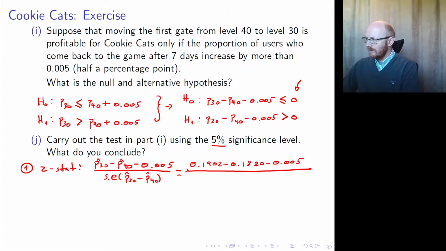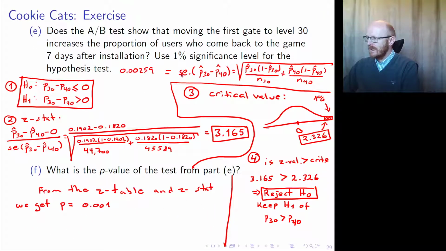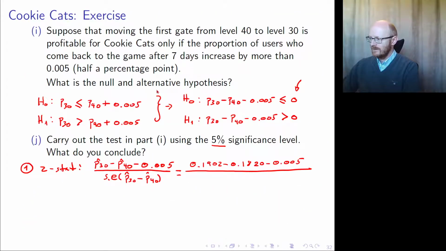and divide that by the standard error of this variable or difference, and we have that here, the standard error of P30 hat minus P40 hat is 0.00259, and that would give us a z-stat of 1.235.